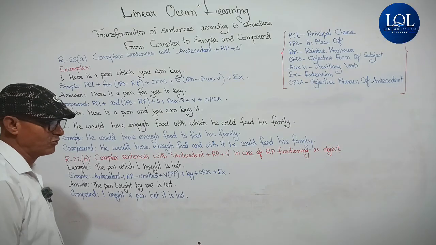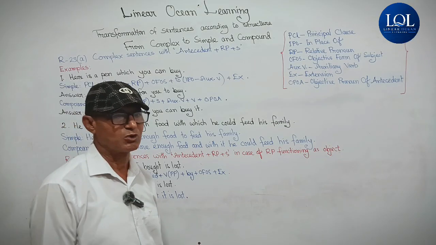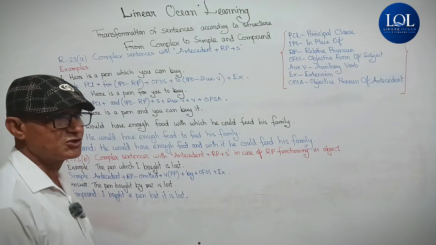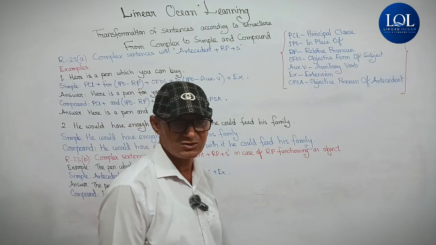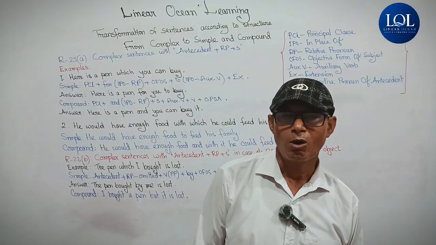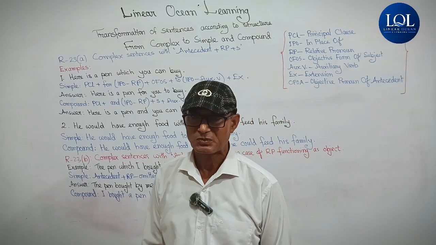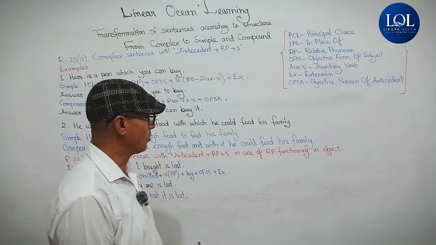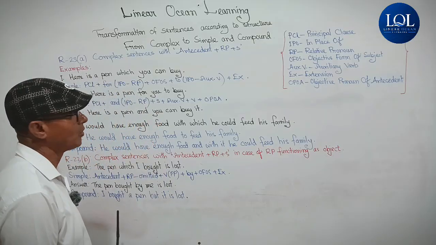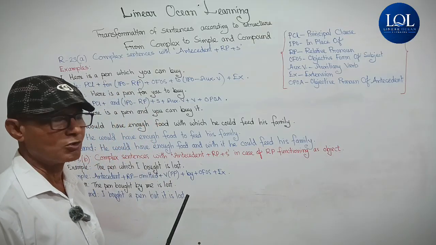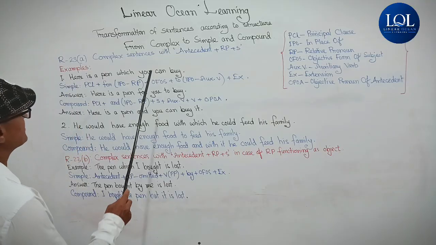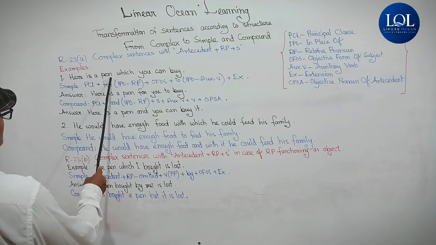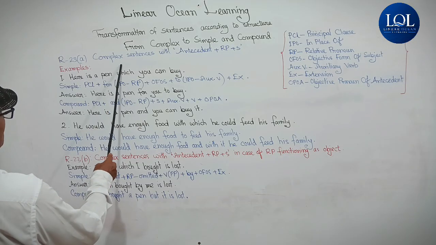Now, my dear viewers, you may have a question: what is an antecedent? In English grammar, an antecedent means a noun or a pronoun preceding a relative pronoun. Here, "a pen" is a noun, and "which" is the relative pronoun.